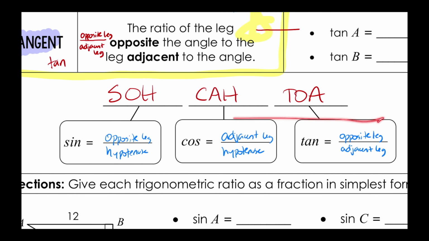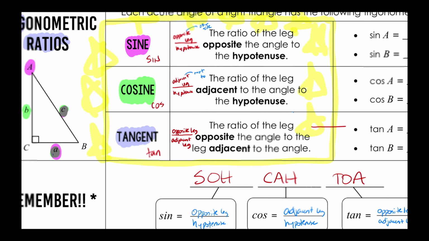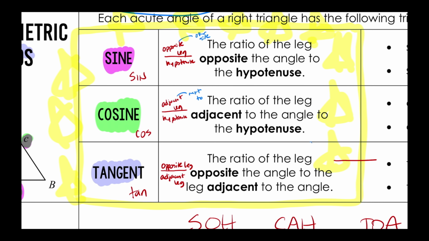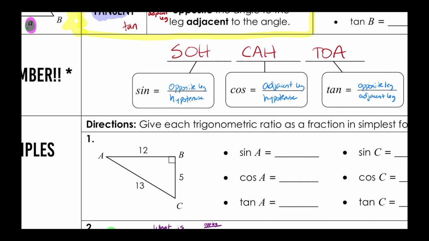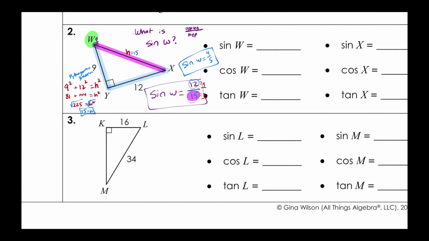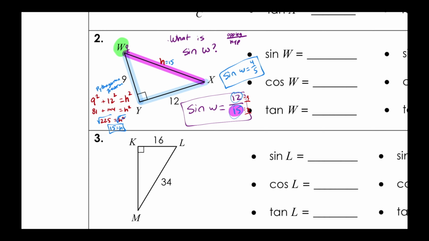SOHCAHTOA can help you remember that if you don't want to look at this chart up here. But this chart should tell you opposite over hypotenuse, adjacent over hypotenuse, opposite over adjacent. Now that we know what they are, if we look here, we did this in the warm-up.